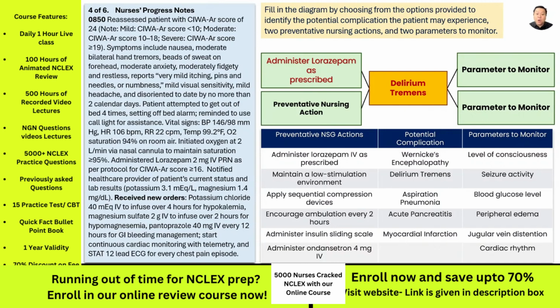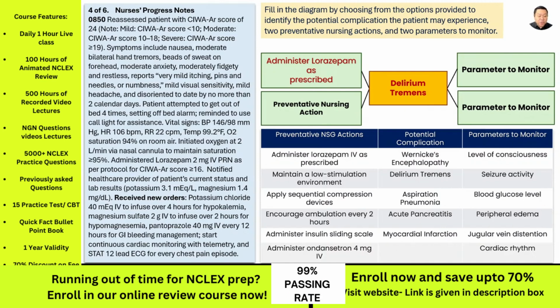The goal is to keep the symptoms under control and also to prevent seizures, especially since the patient's magnesium is also low, and this can predispose him to a seizure episode. So missing a dose or delaying could be fatal here, and this is a very high priority life-saving intervention.